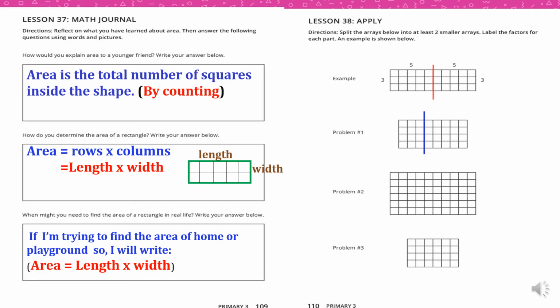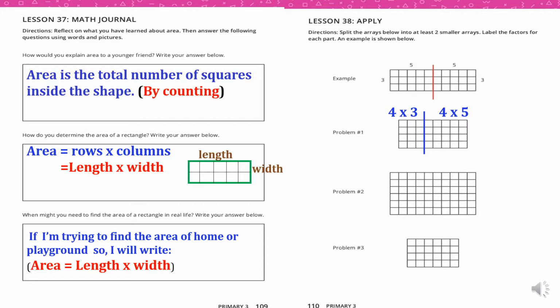But if I divided it into smaller arrays, the first array will be 3 times 4 or 4 times 3, which equals 12. And the second array will be 5 times 4 or 4 times 5, which equals 20. 12 plus 20, 32. It's the same.